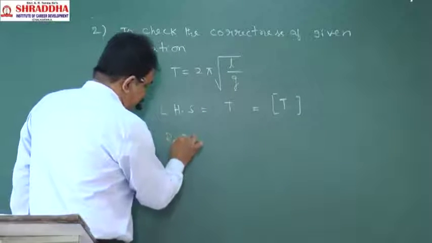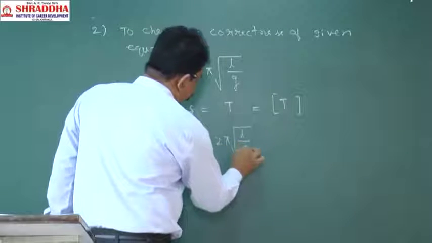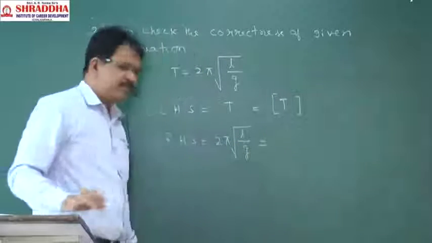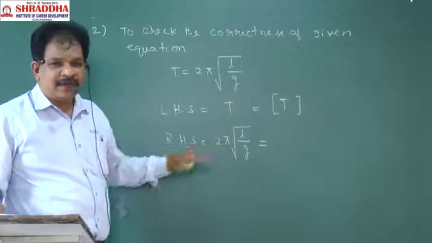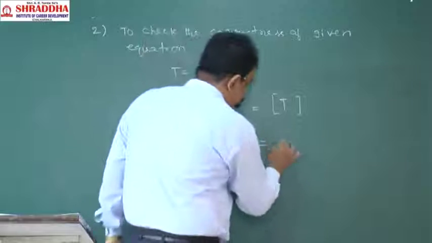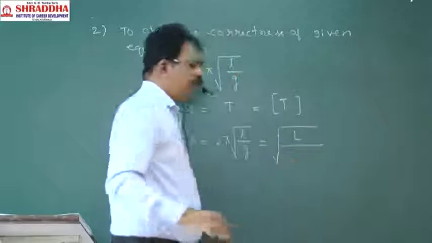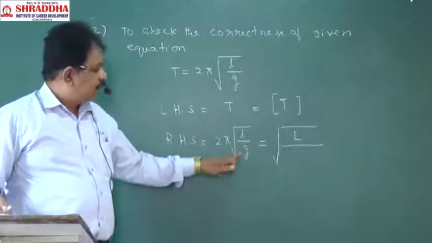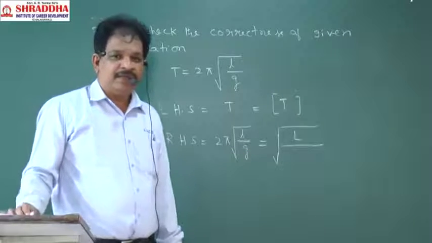Right hand side, what is there? 2 pi root L by g. 2 pi is a constant, we know; it does not have any dimensions. Square root of length, dimensional formula L. g means acceleration due to gravity.